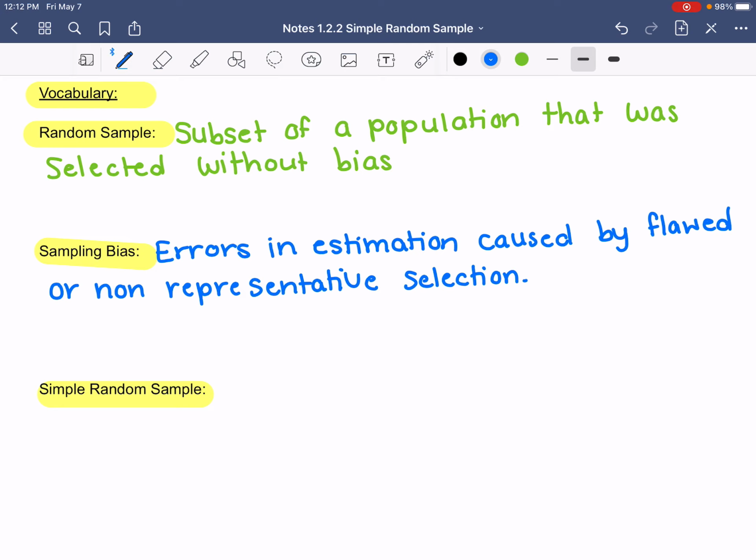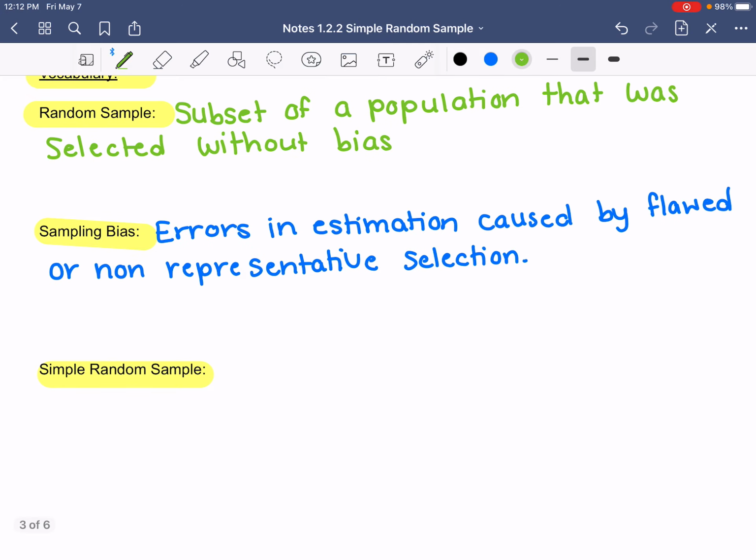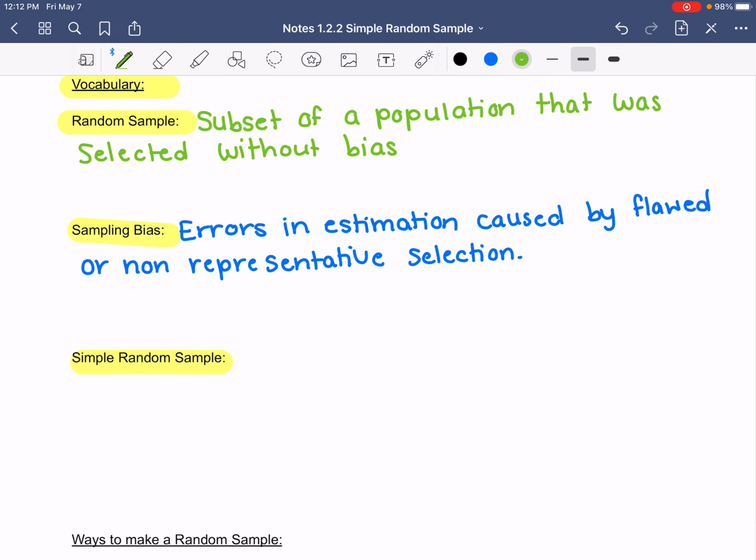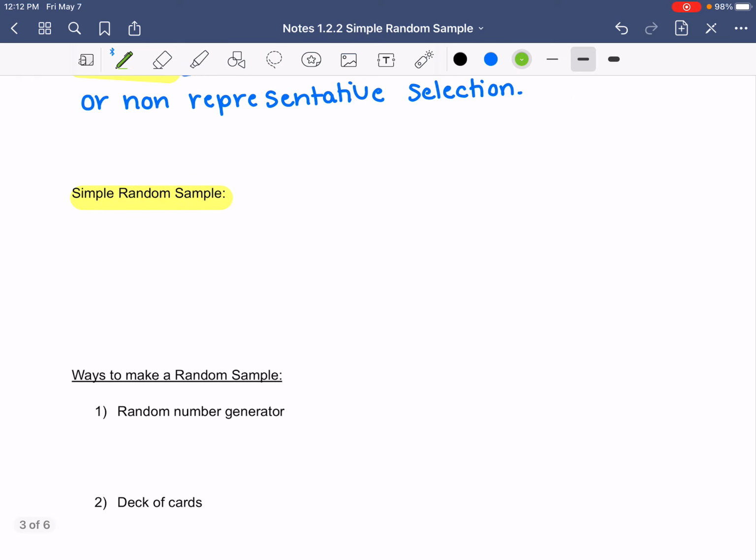A simple random sample, that's what our notes is titled today. Okay, so we want it to be random, no bias, and then we want it to be pretty simple the way that we are able to collect them.